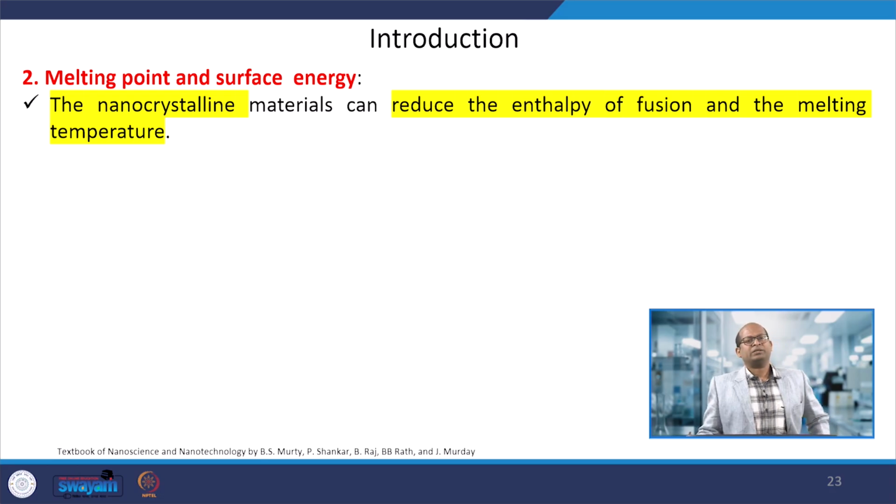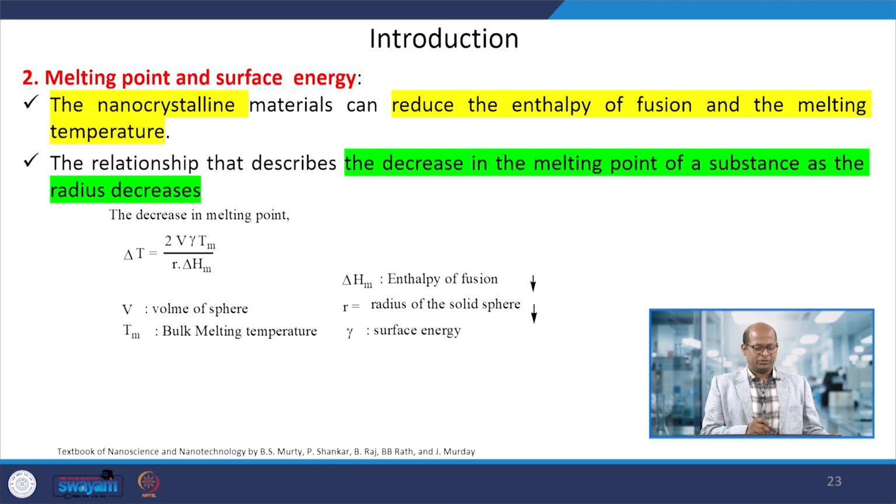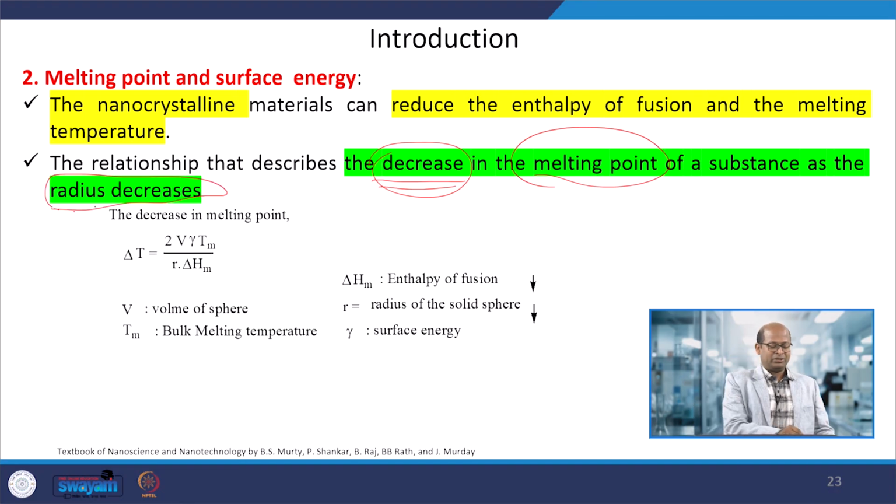At the same time, for nanocrystalline materials the overall enthalpy of fusion and melting temperature will also change. If we change bulk materials into nanomaterials, the melting point of that substance will decrease as we decrease the dimensions from bulk to nanocrystalline.